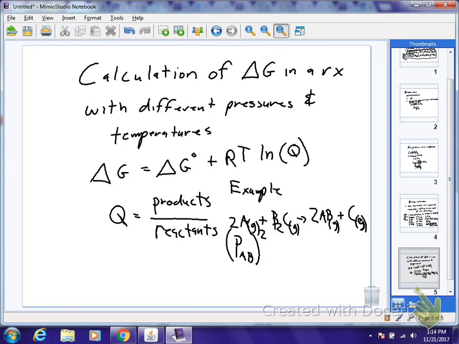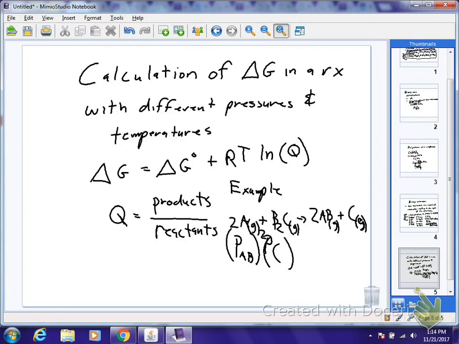If it was 1 atmosphere, it would be 1. If it was 2 atmospheres partial pressure for AB, it'd be 4. Then you would multiply that by P of C, and it's not squared because we only have one of them.